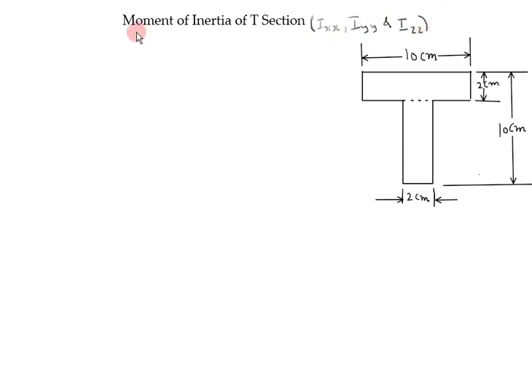So what is the need of calculation of moment of inertia? When we do the theory of bending, the bending equation is M by I equals sigma b by y equals E by R. So to solve the theory of bending, we need to calculate Ixx.